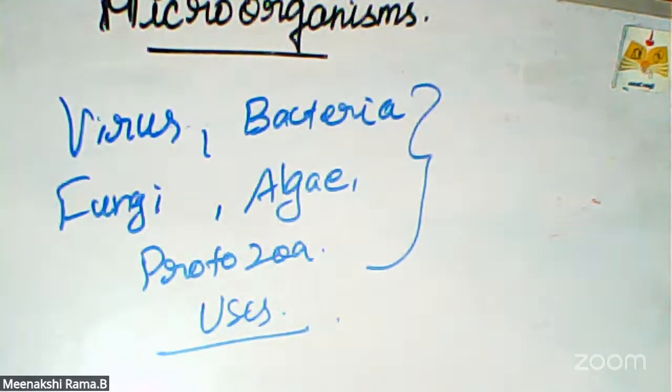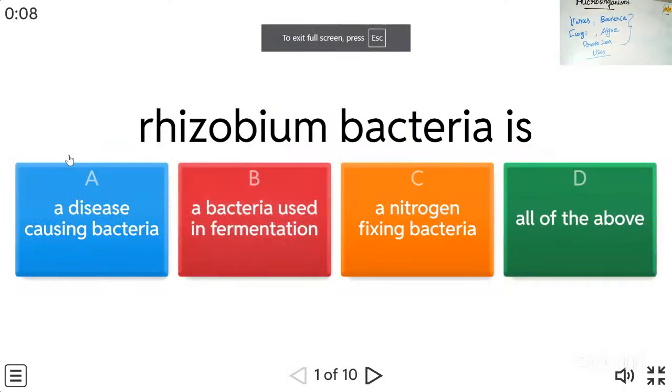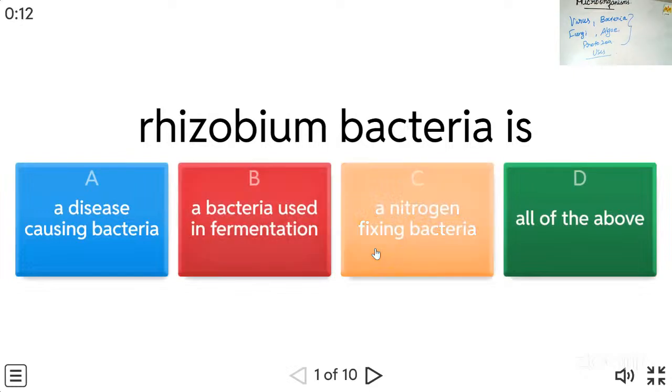Just a small, two-minute quiz. I'm going to share this. Rhizobium is a disease-causing bacteria? Bacteria are used in fermentation and nitrogen fixation, all of the above.